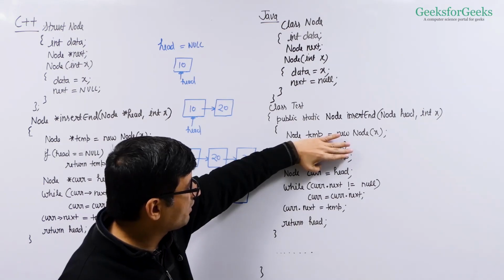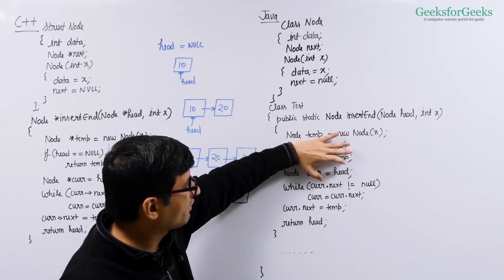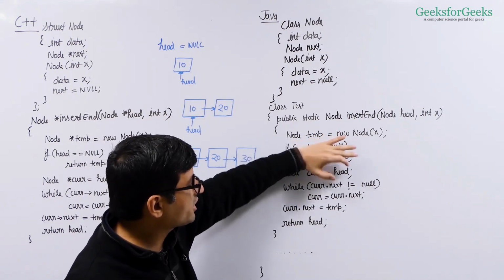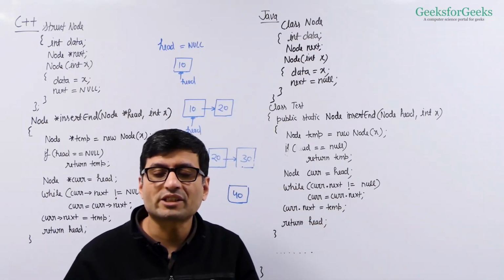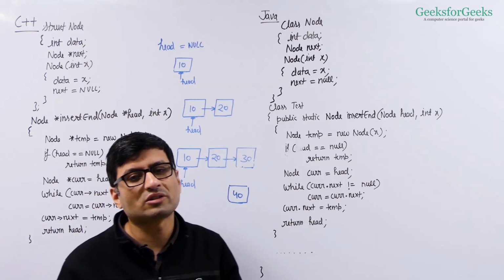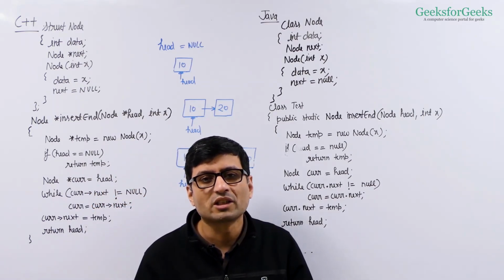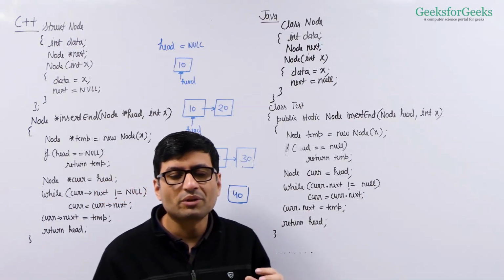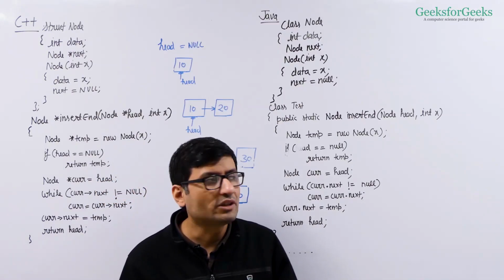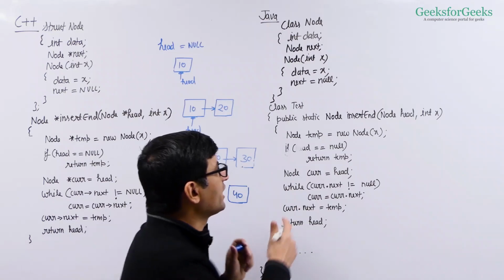We'll begin with current equal to null, then we'll say null.next or null arrow next not equal to null, run this loop. And you are accessing null something, which will cause segmentation fault in C++ and null pointer exception in Java. So to ensure that we do not get that problem, we have explicitly added the null case in the beginning.